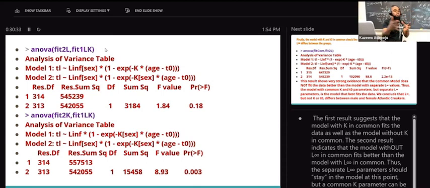So what I want to do now is compare two parameters in common with the best model for now. The best model for now is fit 1 LK. Is there anybody who wants to ask a question about why I consider fit 1 LK instead of maybe KT or whatever? Because it has the largest p-value. Go ahead.